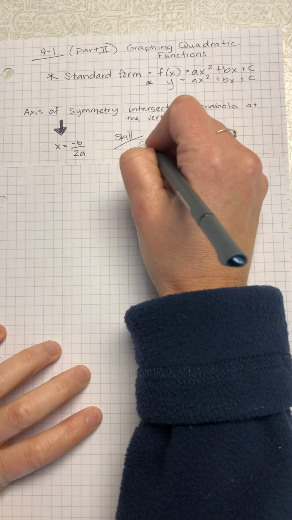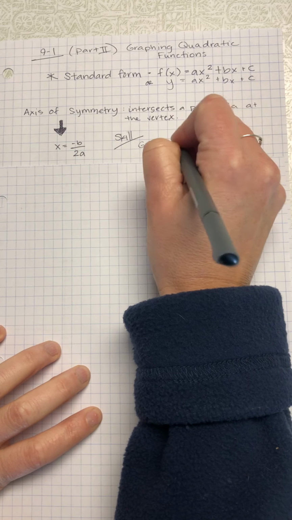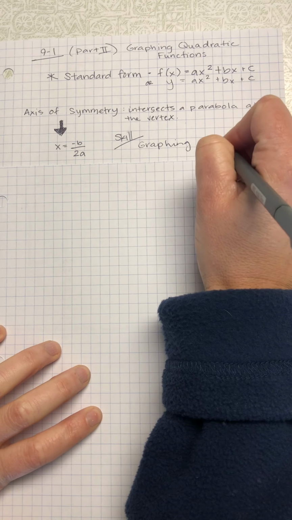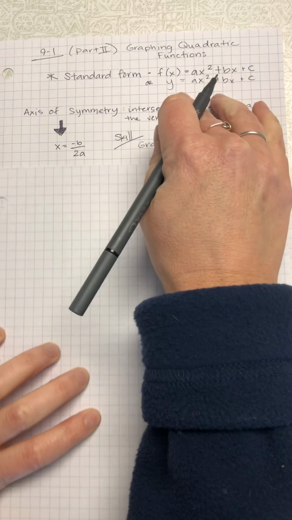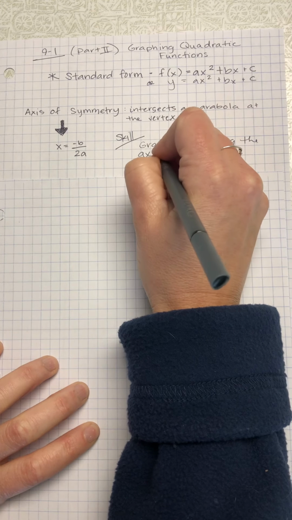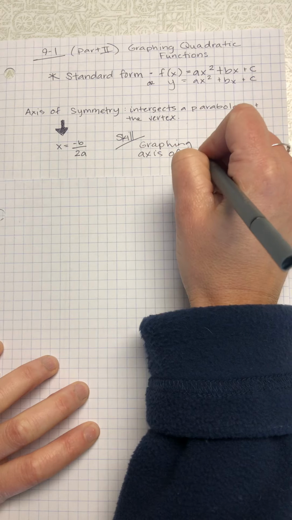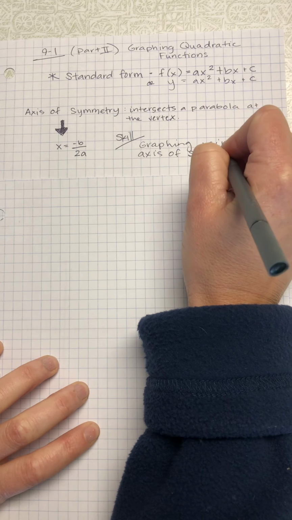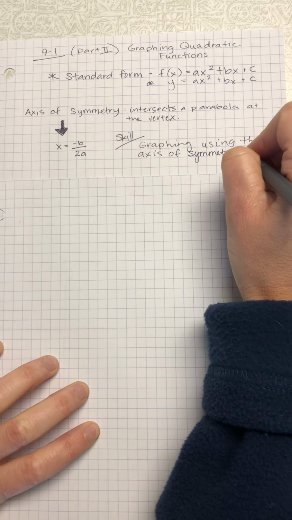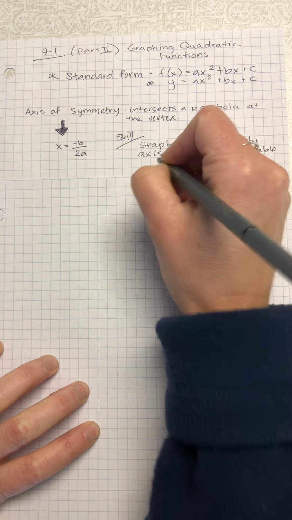Today's skill will be graphing using the axis of symmetry and our table of values.